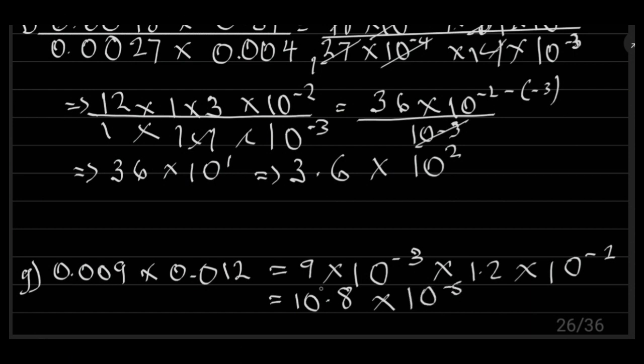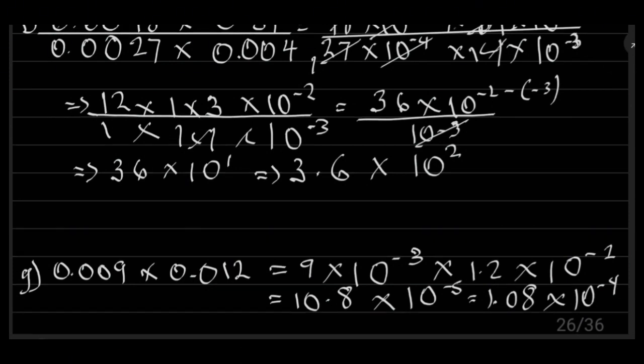Now we will have to reduce this to give us 1.08. We have introduced 1 decimal place, so this has to go down by 1, so times 10 raised to the power negative 4. That is how it goes. Okay, so let's go on.